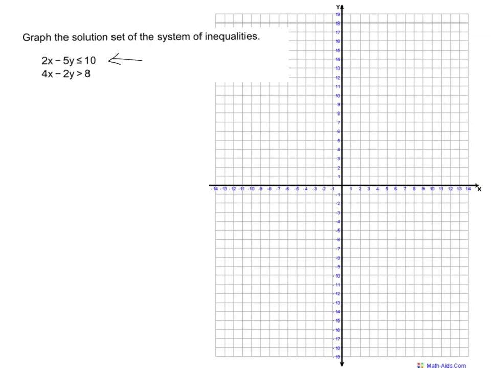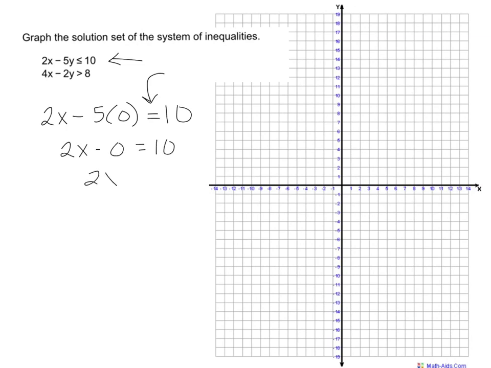First, I'm going to find the x-intercept. To find the x-intercept, all you do is replace y with 0 and solve for x. So I have 2x minus 5 times 0 equals 10. Remember, when you're solving the x and y intercepts, you change that inequality sign to an equal sign just for the purposes of solving the equation. This becomes 2x minus 0 equals 10.